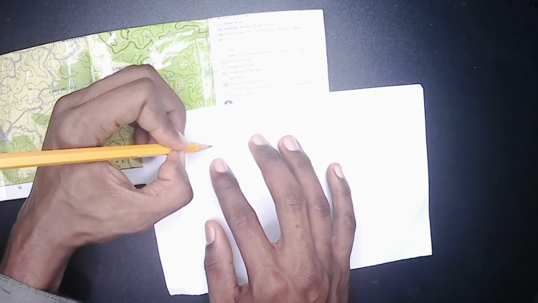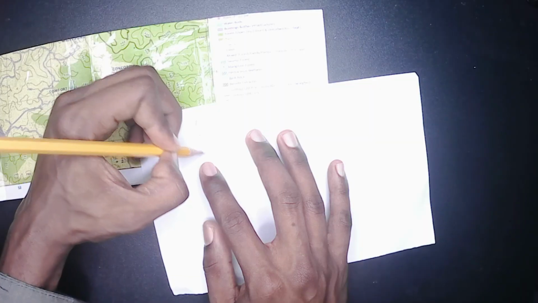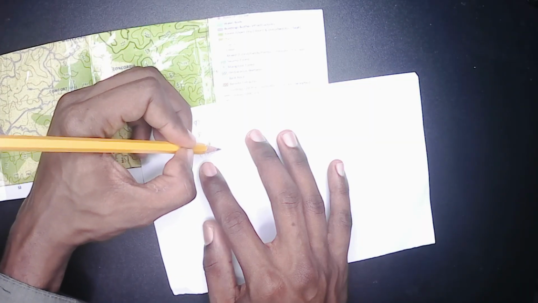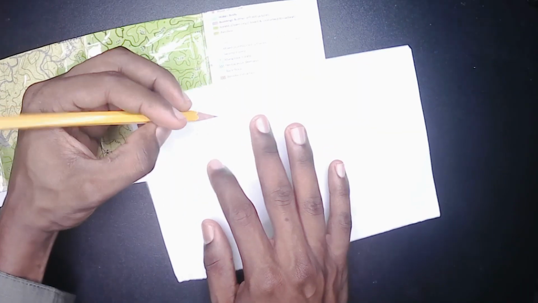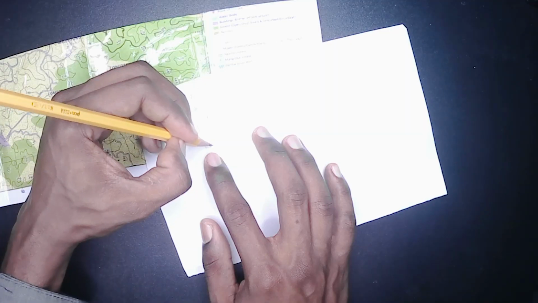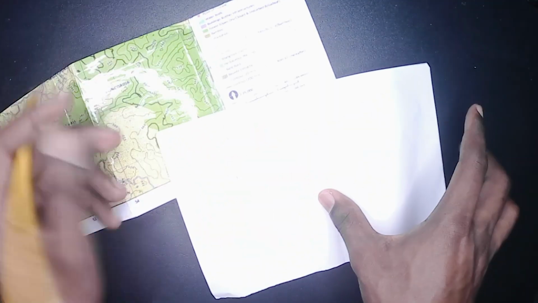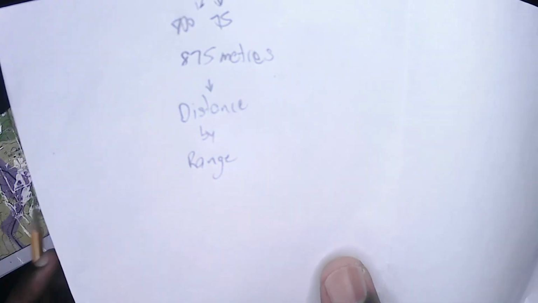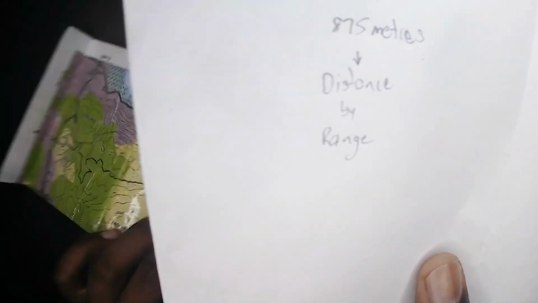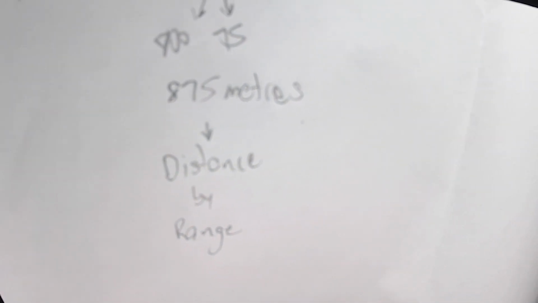And this is the distance by range. So the distance by range between the school in Gordon's Crossing and the point of the road I chose in Ramble Pen is 875 meters.